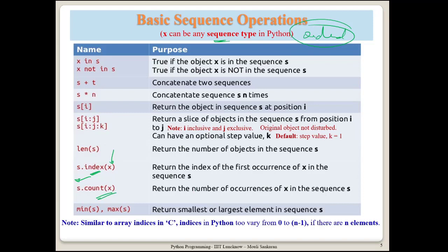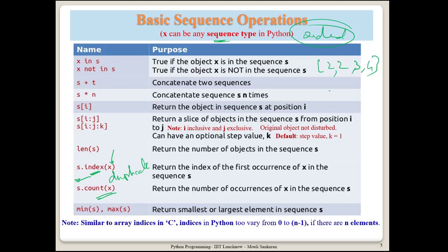And if you want to know the count of how many, because duplicates are allowed, I said that duplicates are allowed. So you can find how many elements of this type are there. Exactly this object, whatever may be the object, how many copies of this are already there. Suppose you have a list with 2, 2, 3, 4.